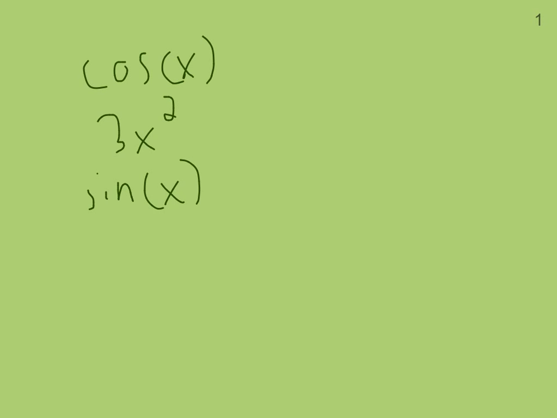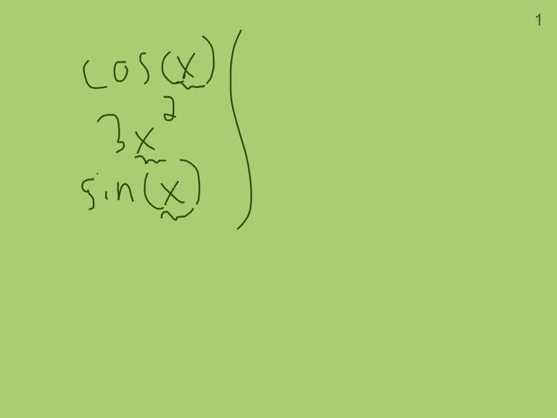Alright, so all of the functions we've seen previously have been pretty basic. They've all been cosine of x, or 3x squared, or sine of x, or some other trig function, or another polynomial. But they all had one thing in common, and that's that they were all just that x. There was nothing too complicated.